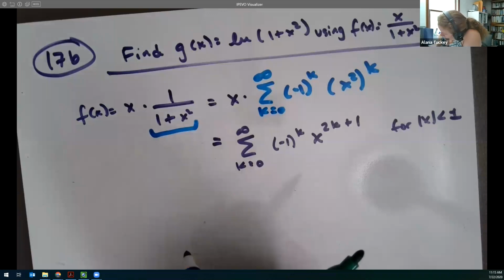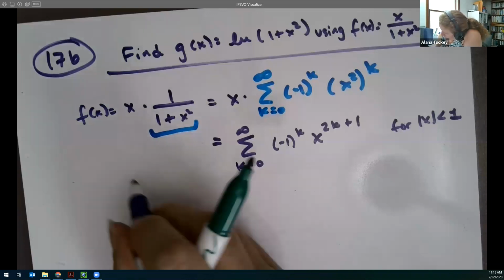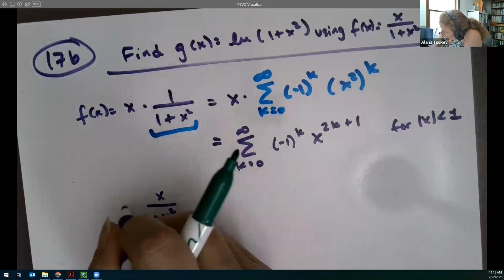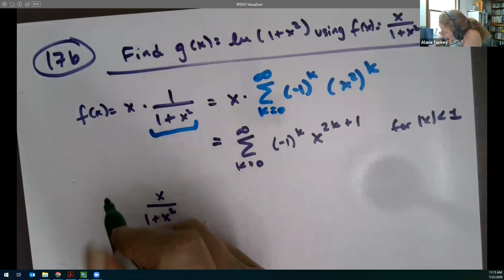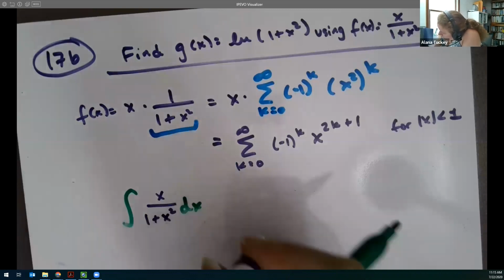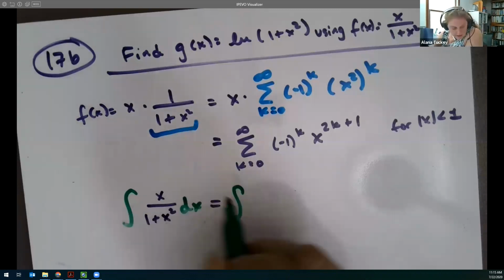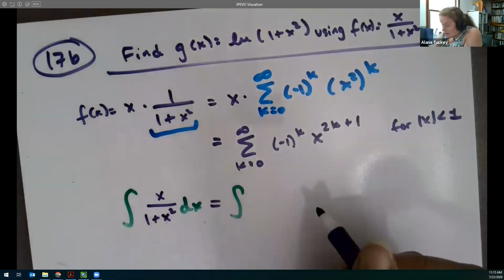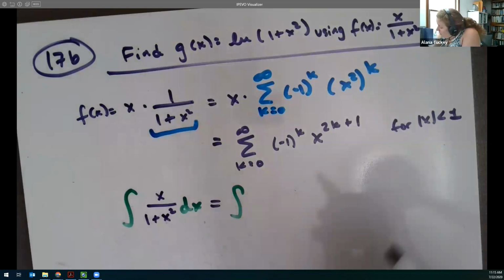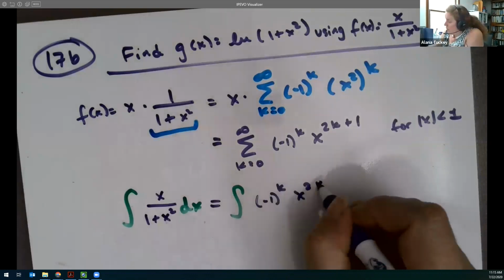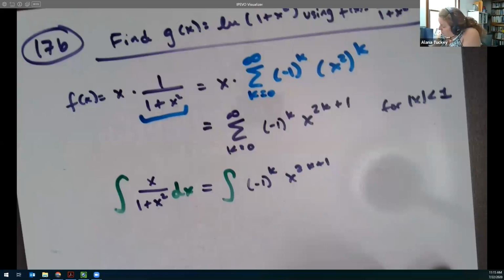Sorry, I'm just thinking here. x over 1 plus x squared, and I want to integrate it with respect to x, which means I also want to integrate this one over here, x to the 2k plus 1. I want to integrate both of these with respect to x.